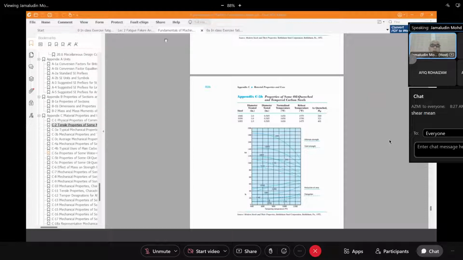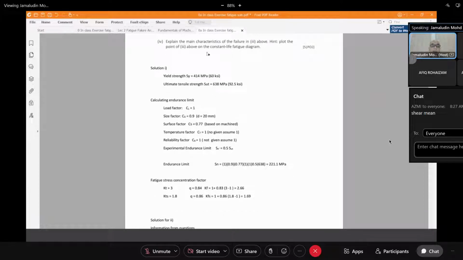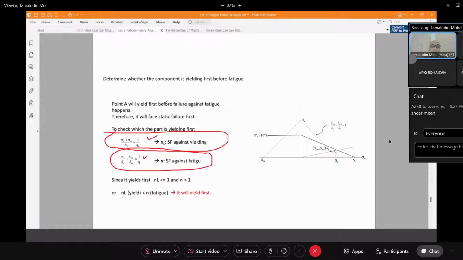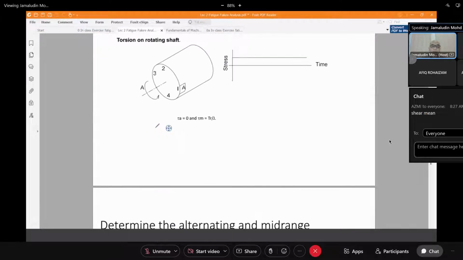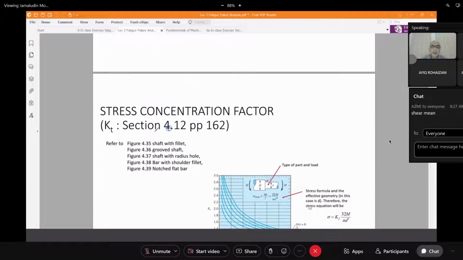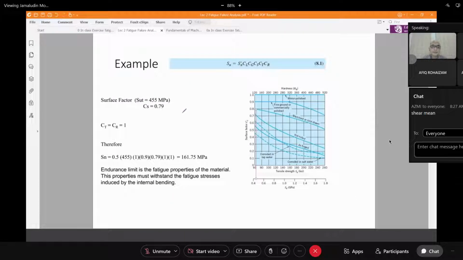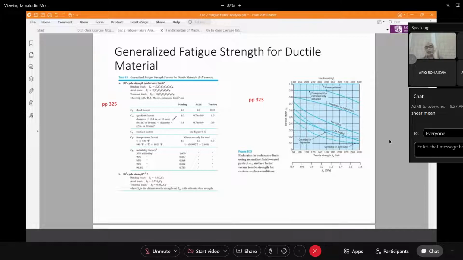For 1045, you get the value SY 414 MPa, and SUT 638 MPa, as in figure 8.1. I won't go into detail because the detailed answer was already shown before.